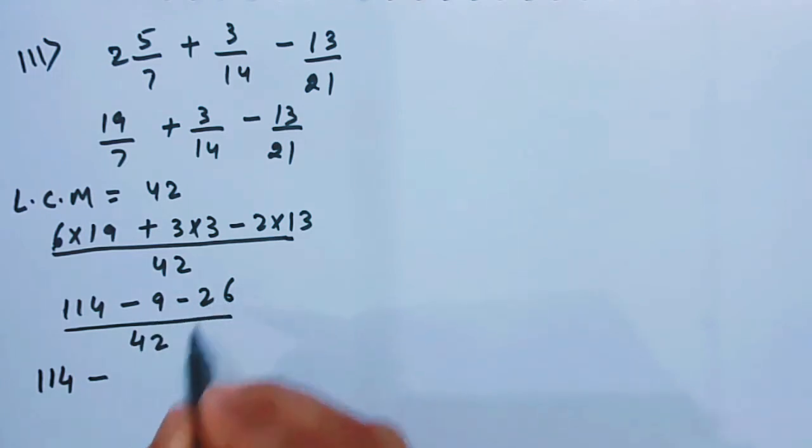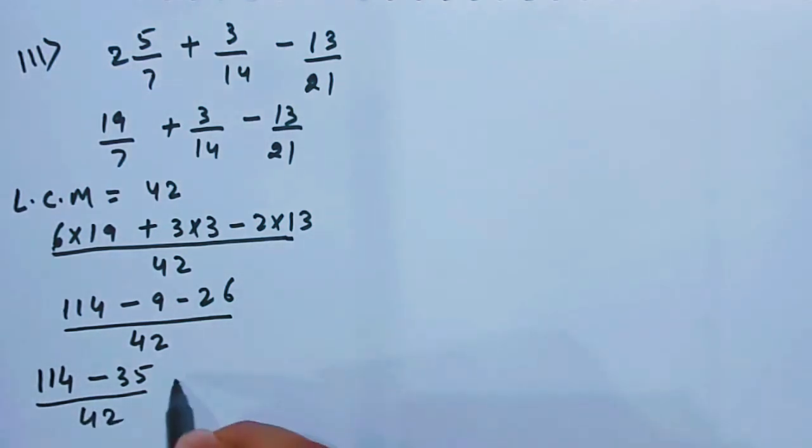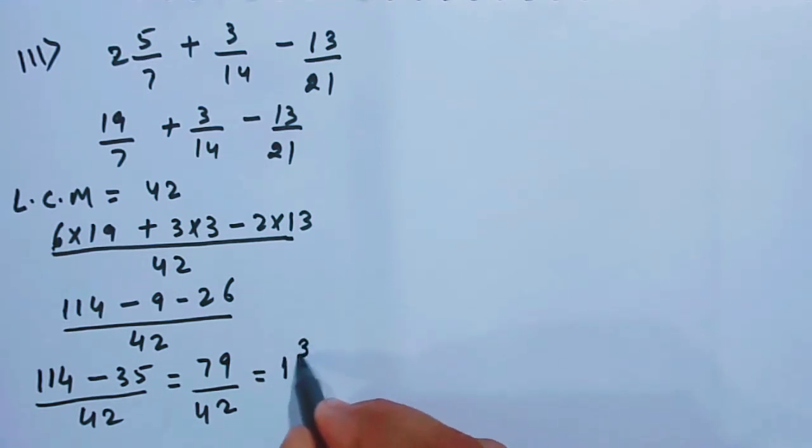So minus 9 and minus 26 will give you minus 35 divided by 42. So 114 minus 35 divided by 42 will be equal to 79 by 42. Answer them in the same language in which they have spoken to you. So 1 37 by 42. 137 by 42 should be your answer.